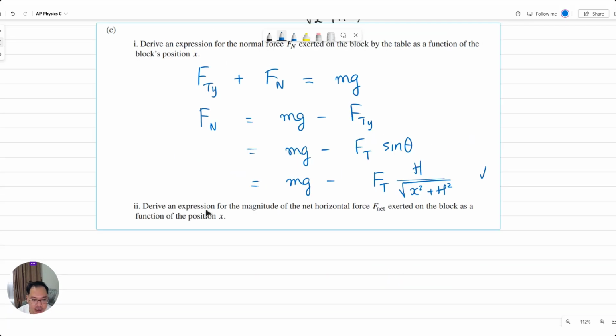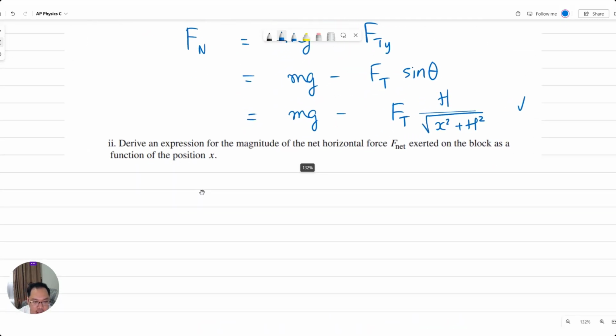The next thing: derive an expression for the magnitude of the net horizontal force Fnet exerted on the block as a function of the position x. The question here is the net force, but only the horizontal component, not the total net force, not the sum of all the four forces acting on this object.